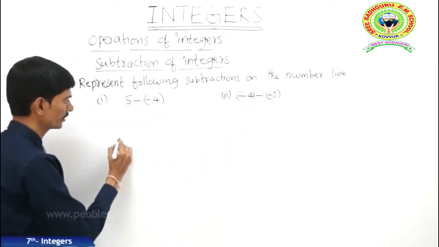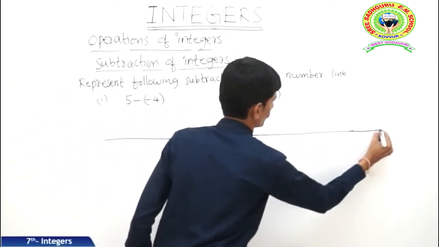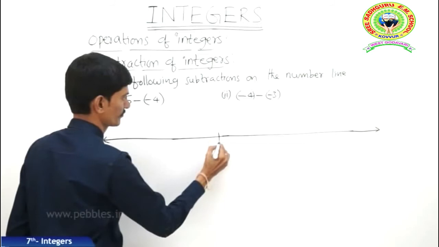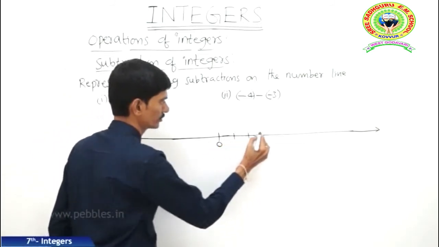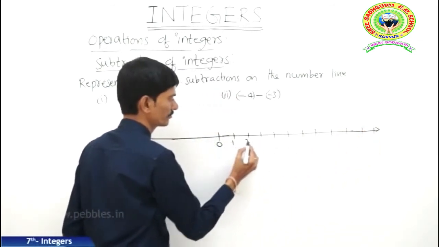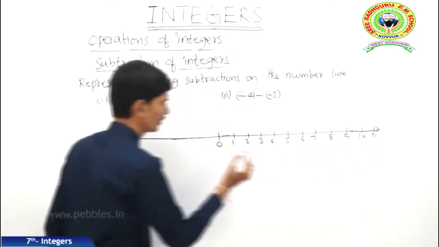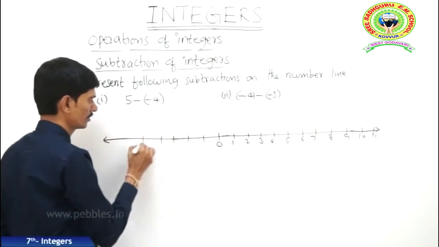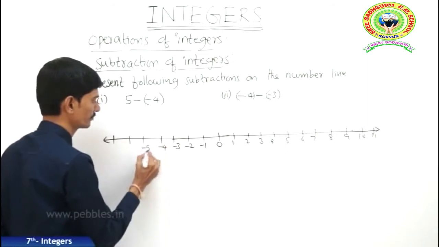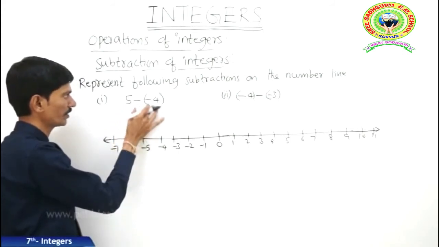And first let us draw the number line. Zero. So right side of the 0, 1, 2 positive integers, 1, 2, 3, 4, 5, 6, 7, 8, 9, 10, 11, and left side of 0 we take negative integers, minus 1, minus 2, minus 3, minus 4, minus 5, minus 6, minus 7, and so on. So first we take 5 minus of minus 4.